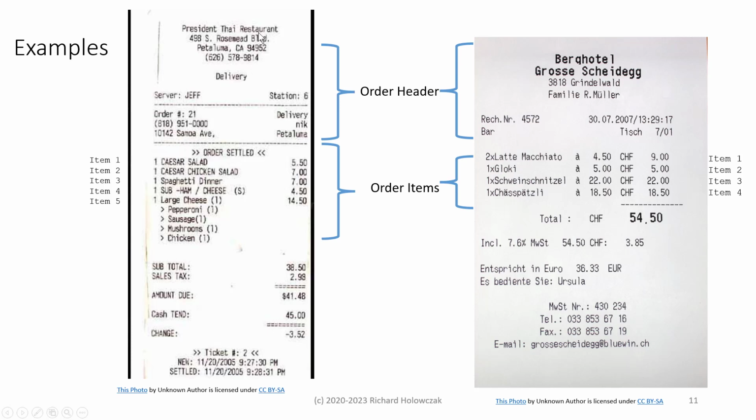You have the name and contact of the restaurant, you have who the server is, what station they're at, the order number, you can see that here, whether it was for delivery, it looks like it was for delivery, and where that delivery was going to. So you have all of this information at the top that is common for the entire order.